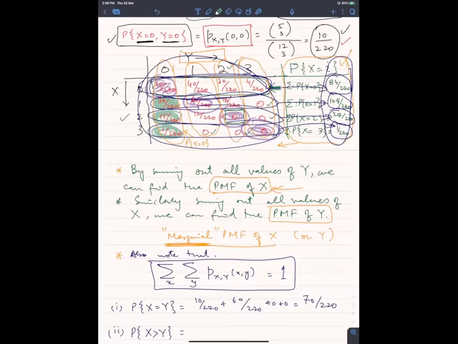Y is 1, so x must be 2 or 3, okay, and when y is 2 then x must be 3.